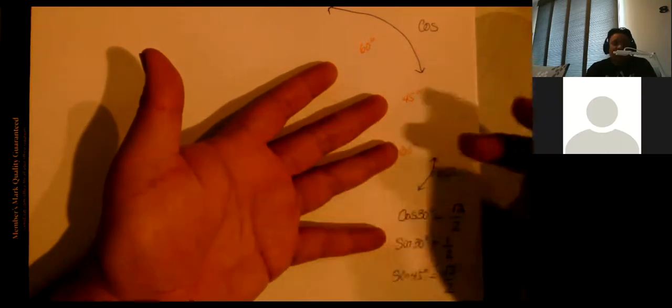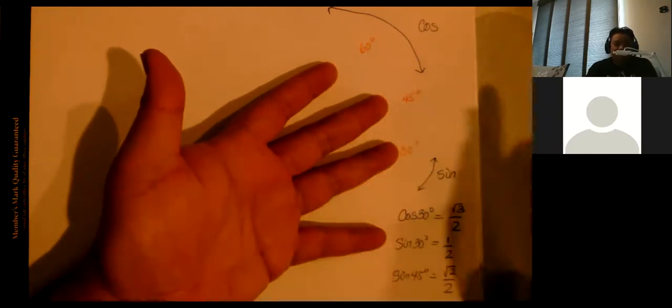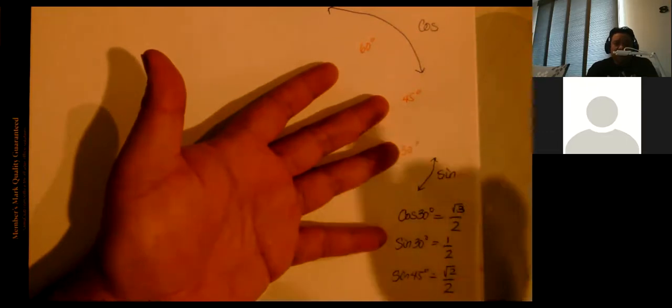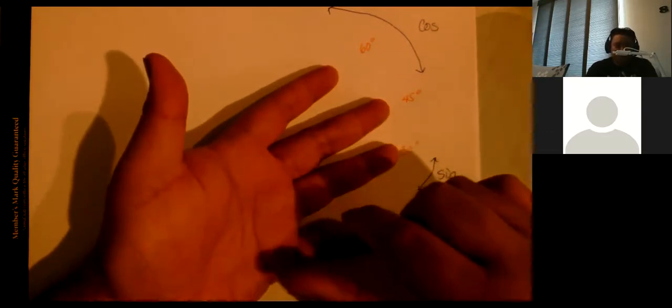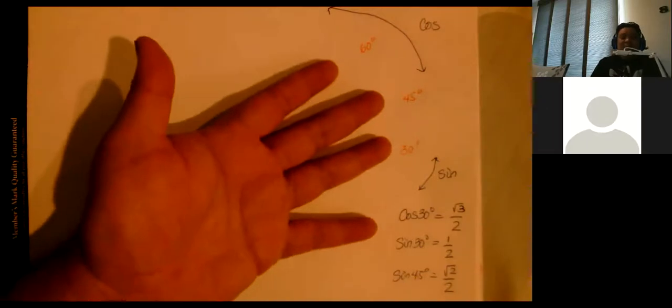Right. So the number of fingers tells you the number that goes inside the radical, and then it's always over 2. So if you're doing 60, what is cosine 60? You're going to fold the 60-degree angle, which is your index finger. And then cosine is the one above the folded finger. So how many fingers are above the folded finger? There's only one. So it's going to be radical 1, which is 1. And then it's always over 2.